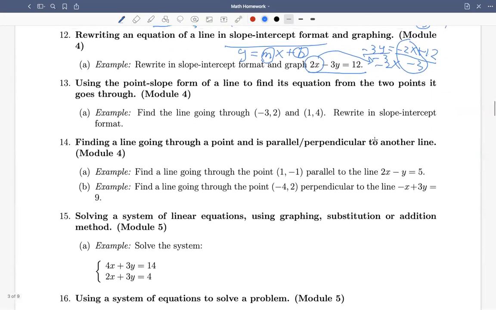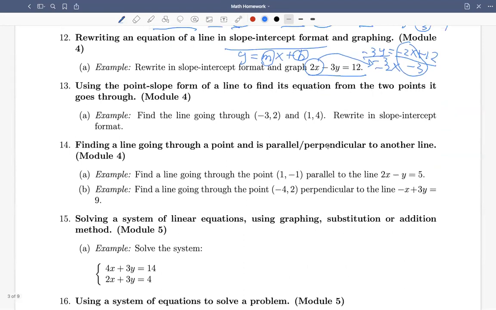Let's see 13. For 13, we want to use point-slope form of a line to find its equation from 2 points, right? So I'm given here 2 points. Let's call this one the first point: name the x value x1, name the y value y1. Let's call this the second point: the x value we call x2, the y value y2.